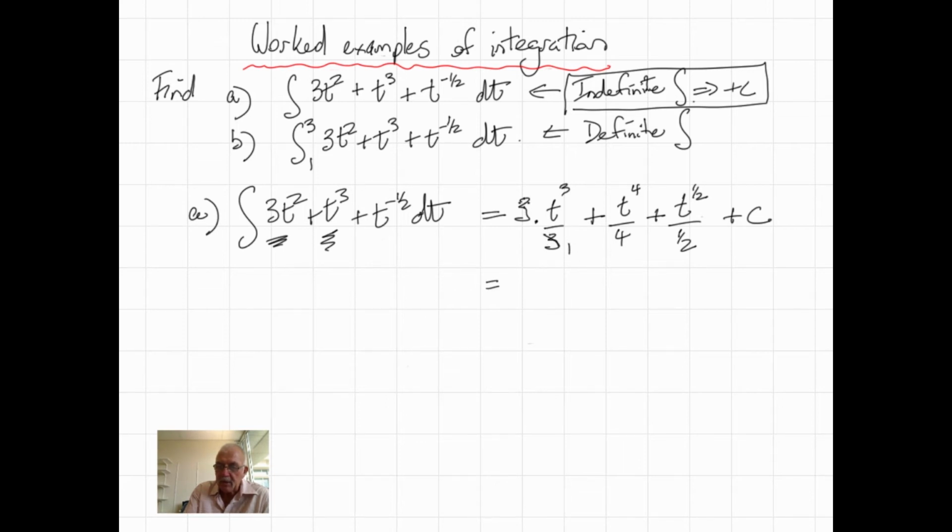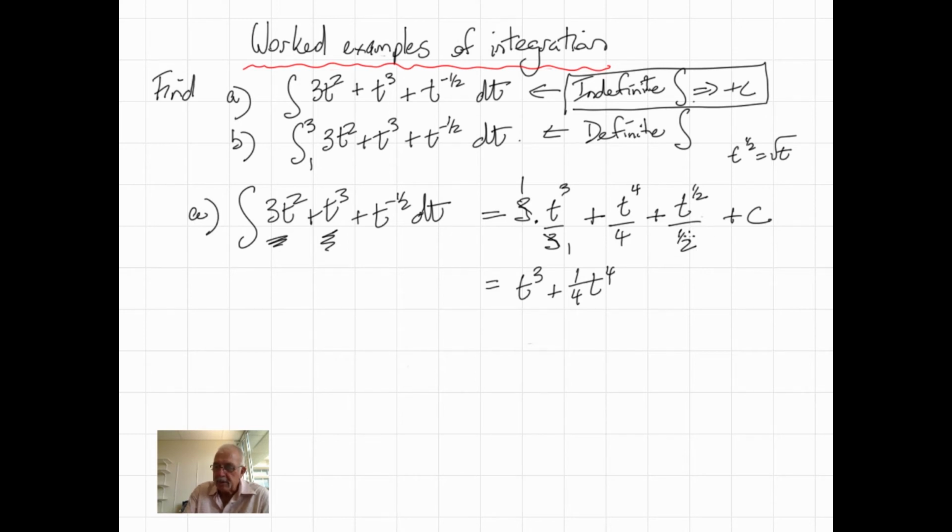These 3s here will cancel, so we just get t cubed plus, you can write it as t to the 4 on 4, or you can write it as a quarter t to the 4th, both the same way. This is given with fractional indices, so we'll leave it as t to the half, but don't forget t to the half is equal to the square root of t.